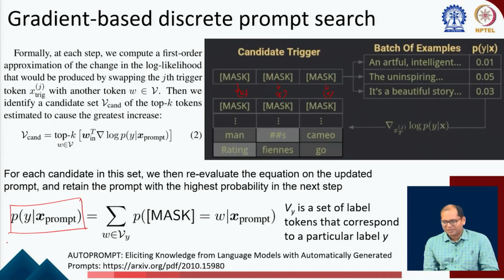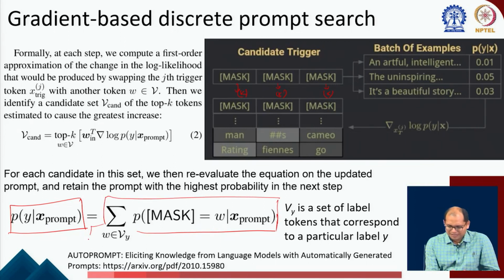If I put that prompt, I will go to my validation set and ask whether this is a good candidate. I will compute the probability of the class from my validation set and see which of these are good candidates.